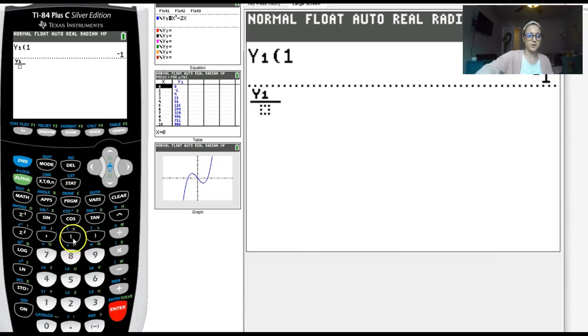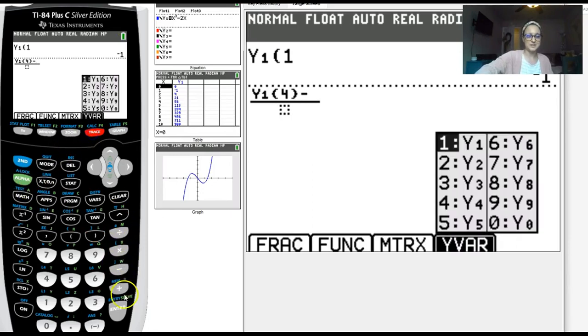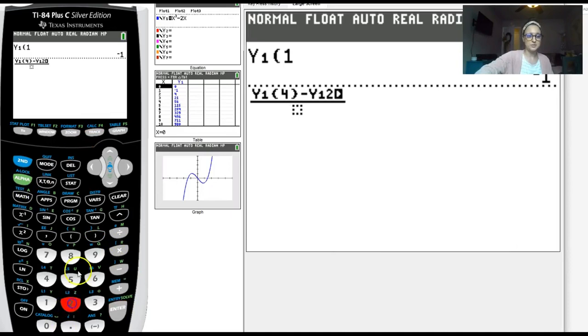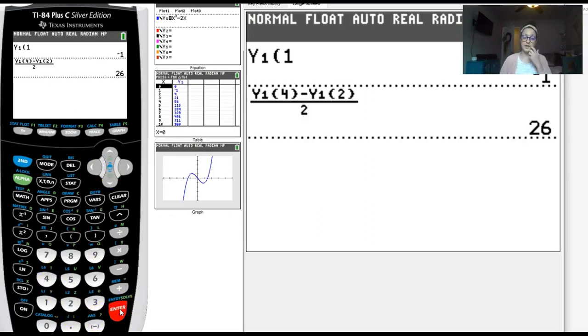I'm going to grab y1 and tell it to find y1 of 4, f of 4, minus alpha trace enter, y1 of 2, and then all over 4 minus 2, or just 2. Okay, so there's my average rate of change, 26, okay?